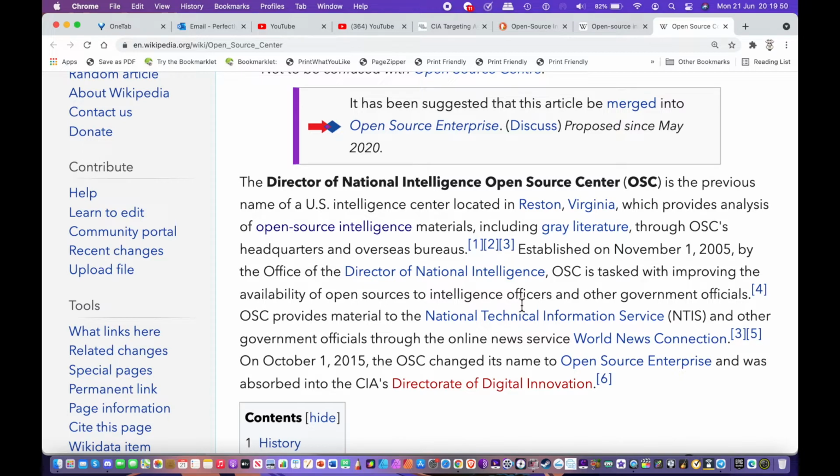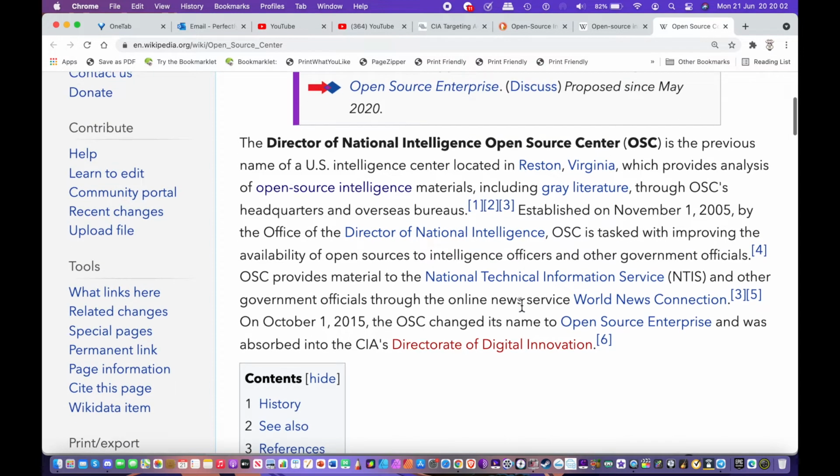Through OSC's headquarters and overseas bureaus, established on November 1st, 2005 by the Office of the Director of National Intelligence, OSC is tasked with improving the availability of open source intelligence to intelligence officers and other government officials.